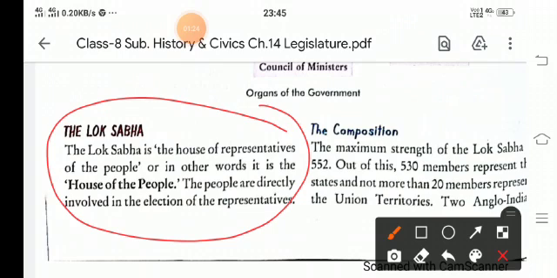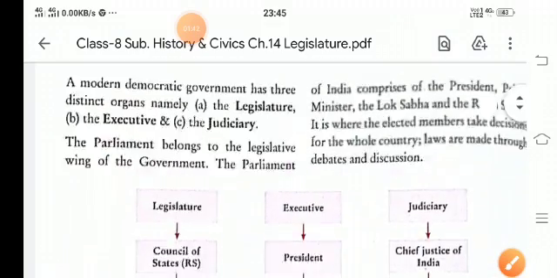The Lok Sabha is the House of Representatives where the members of the parliament are elected through elections which are held every 5 years. This is known as the House of People.